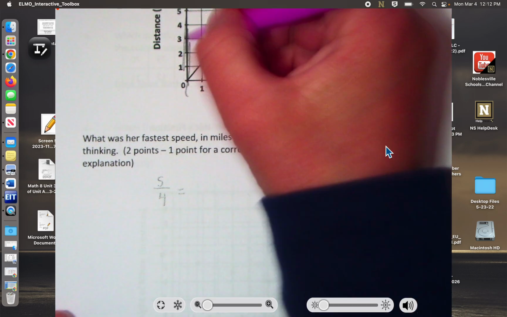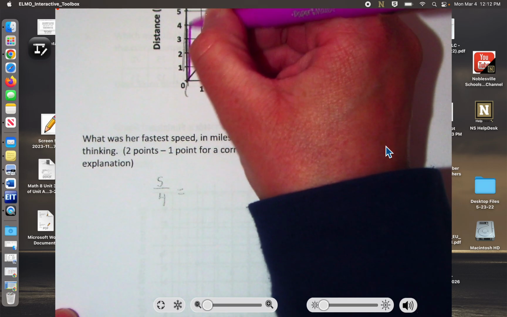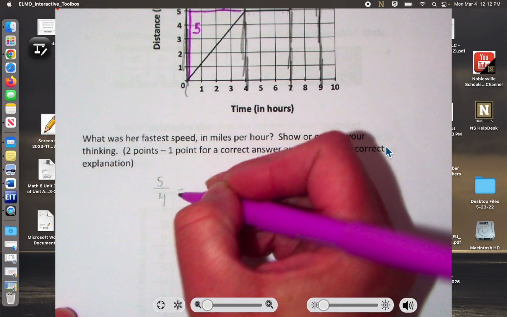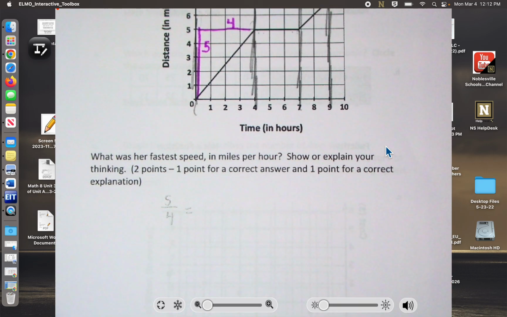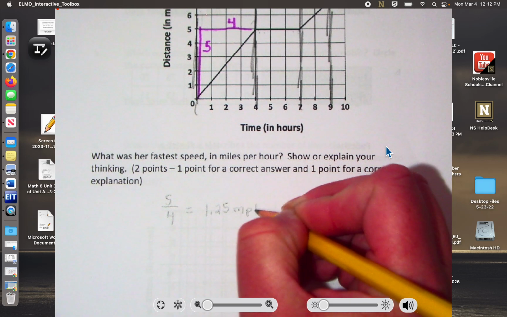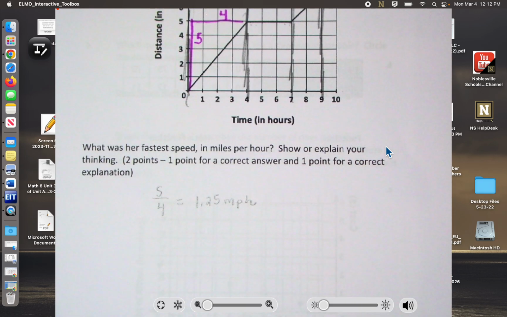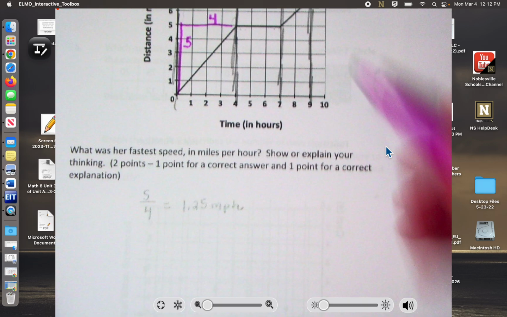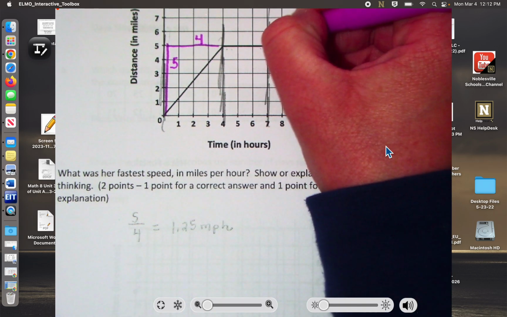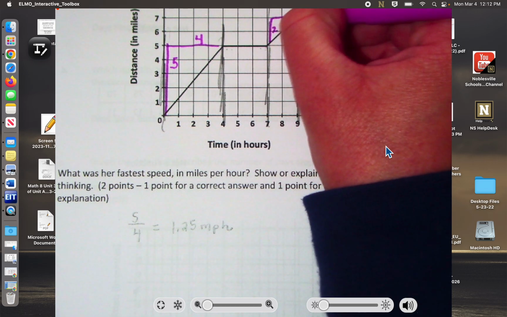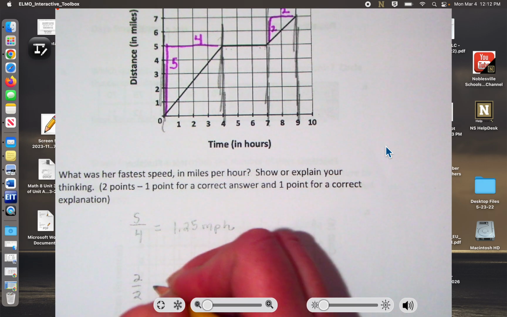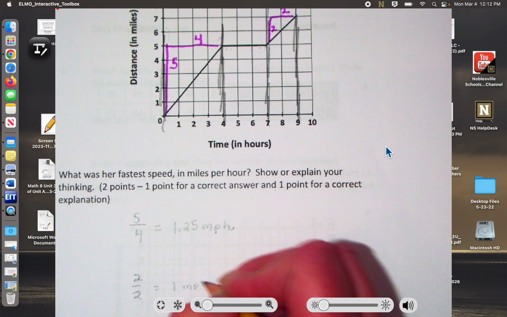So for this first section, she goes up 5 and over 4. So that's how I get this slope. And if I simplify that, that's 1.25 miles per hour. And then for the second section, she goes 2 miles in 2 hours. So that's 1 mile per hour.